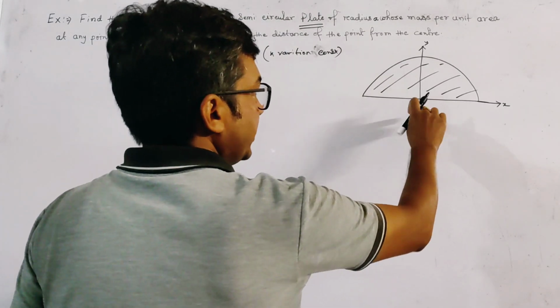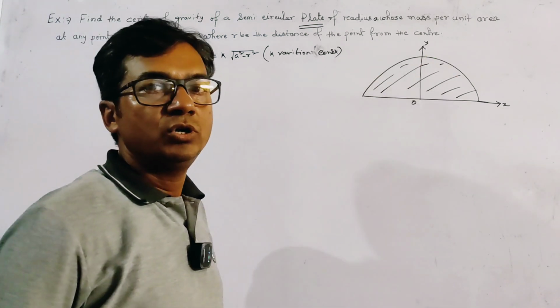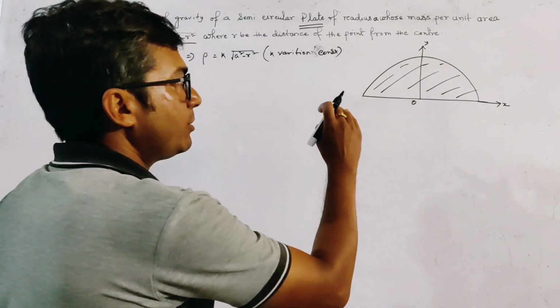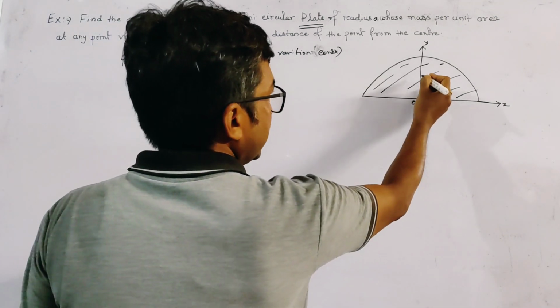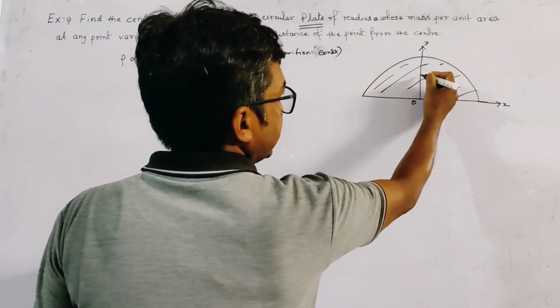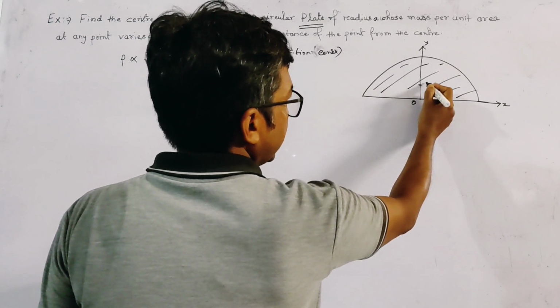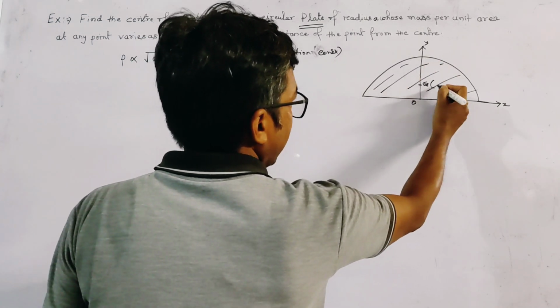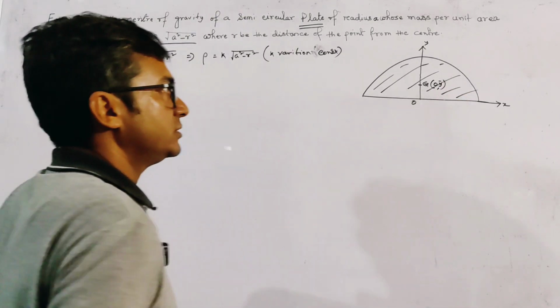Clearly, this plate is symmetric about the y-axis. So, due to symmetry about the y-axis, the center of gravity G must lie on the y-axis. Let this be the center of gravity, and the coordinates of G are (0, y bar).